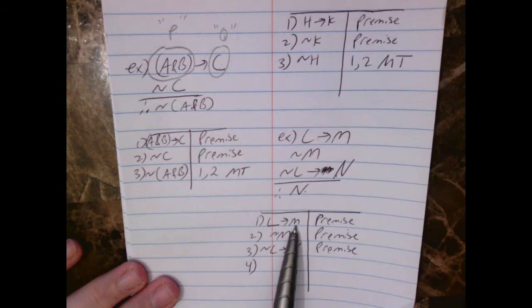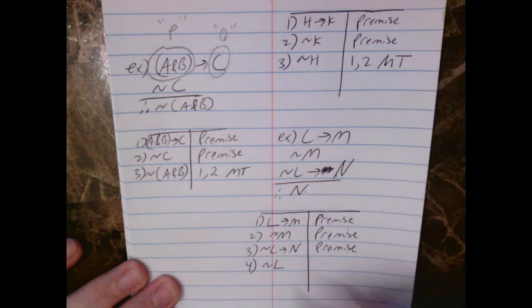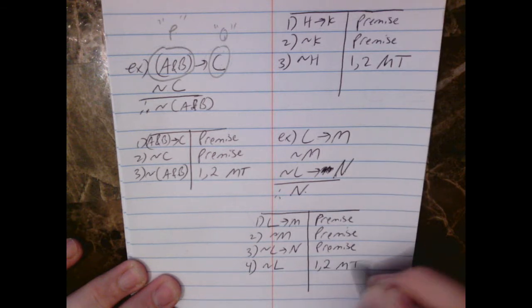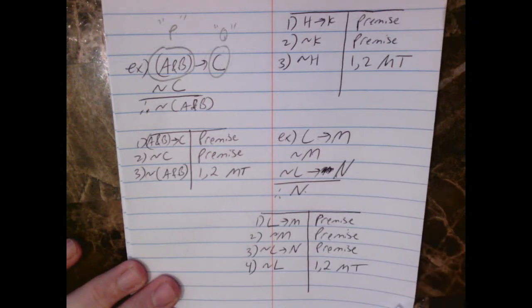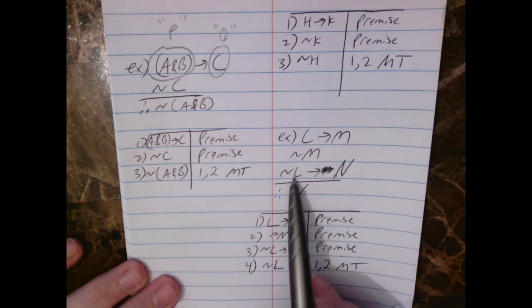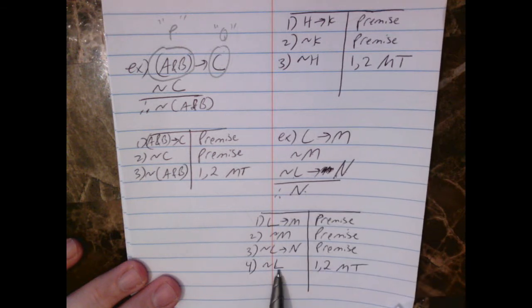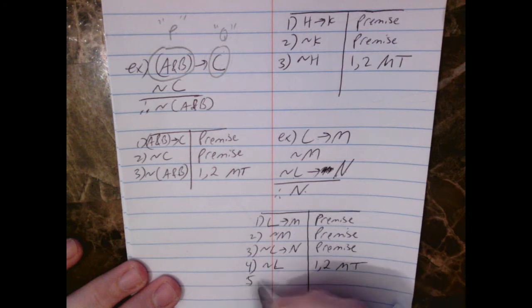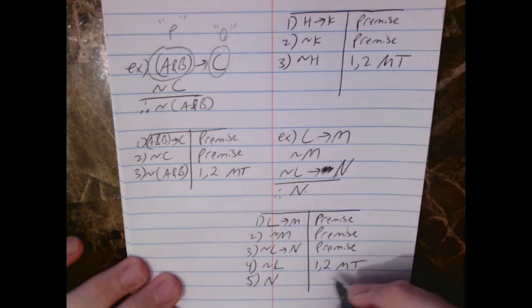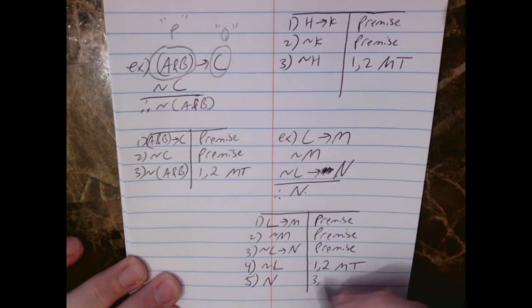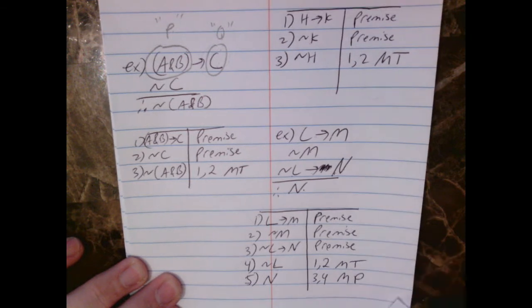If L, then M, not M, therefore not L, from 1 and 2 modus tollens. And now that we have not L, we can use that in our proof. Well, we have not L implies N, and we have not L. Therefore, we can conclude N using 3 and 4, but this time we're going to use modus ponens.